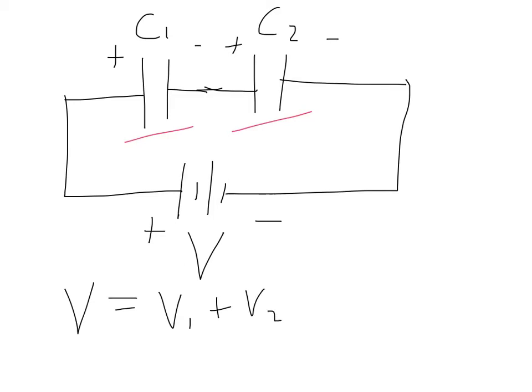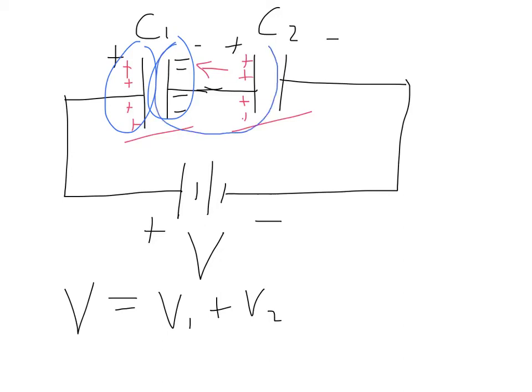The other relationship I have is, let me look at what's going on with the charges on this capacitor. On this side here, I'm going to have plus charges from the battery. Those are going to cause minus charges on this side to collect. And, of course, the net sum of the two of these is going to be 0. But when the minus charges move over to this side, that means they separated from the plus charges over here. Because the net charge in this center island here that I'll circle in blue is 0.